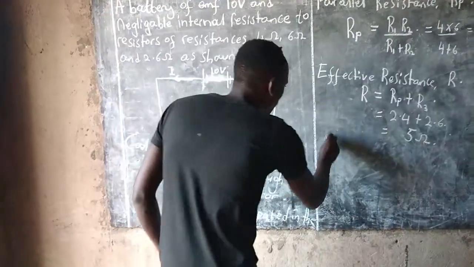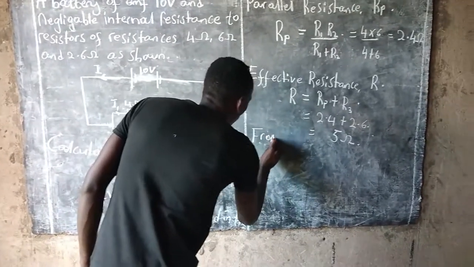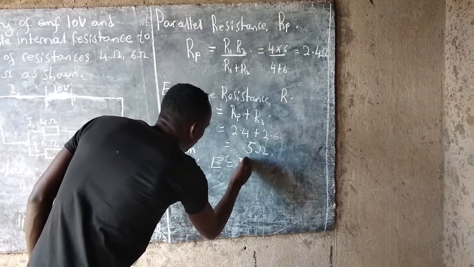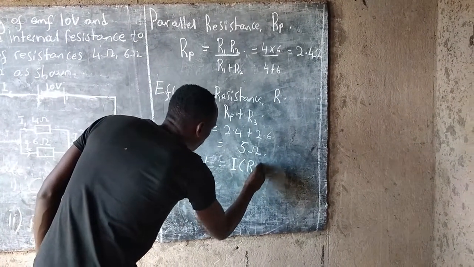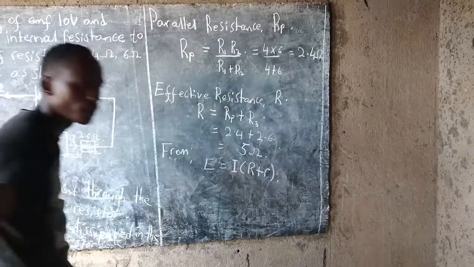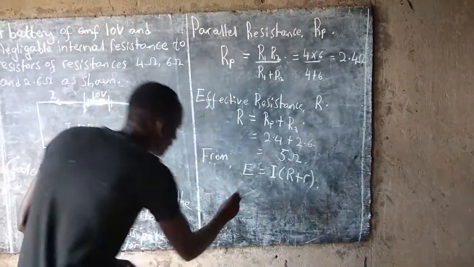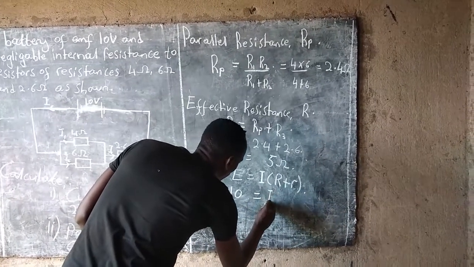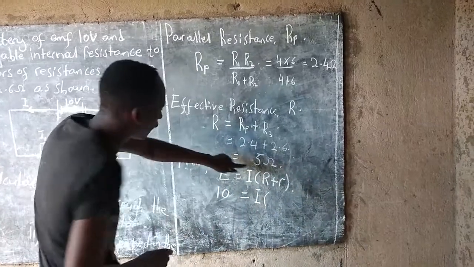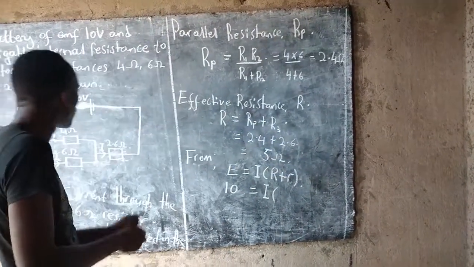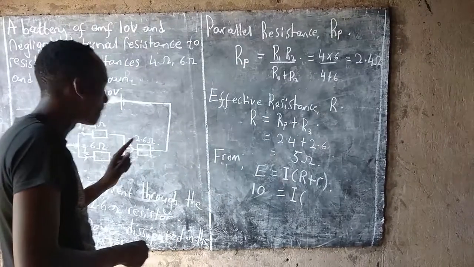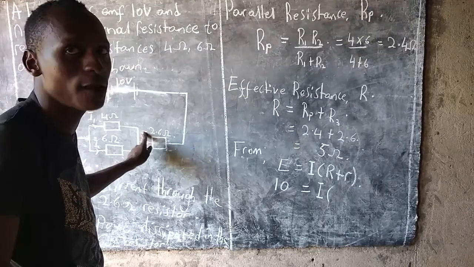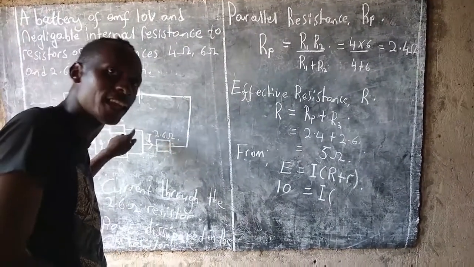So we shall come and say that from E equals I into R plus r, our EMF, remember, they gave it as 10. So 10 equals, this means the I that we are looking for, into the R. Now the effective resistance, much as they're asking for the current through the 2.6 ohm resistor, we consider the current through this resistor is the main current I. So we are considering the entire circuit.